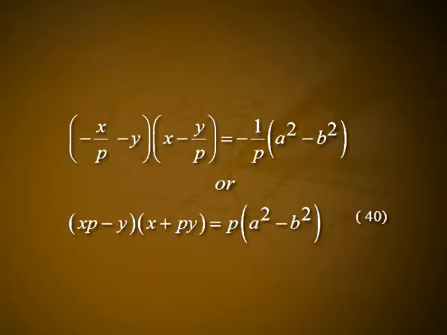To get the orthogonal trajectories, we replace p by minus 1 by p to get (minus x by p minus y) into (x minus y by p), which is equal to minus 1 by p into (a square minus b square), or (xp minus y) into (x plus py) is equal to p into (a square minus b square).